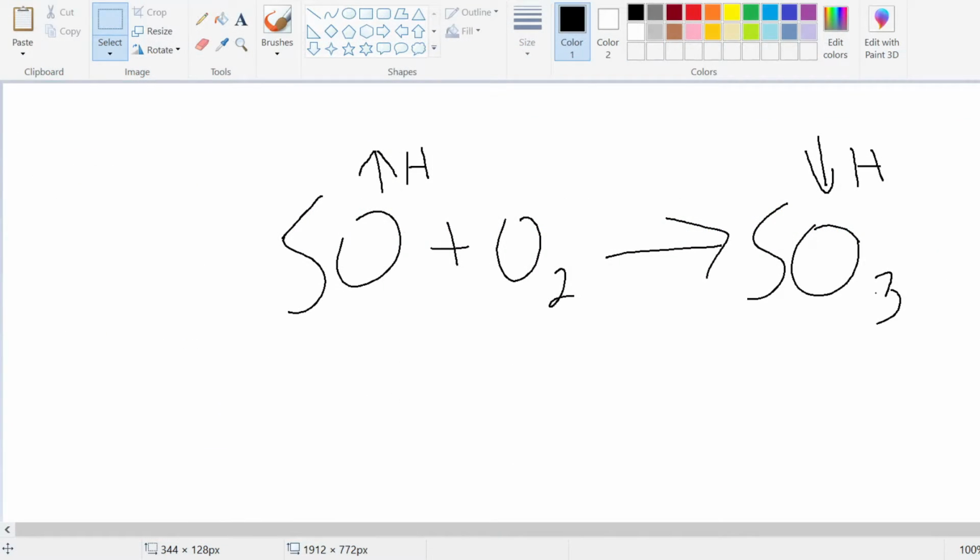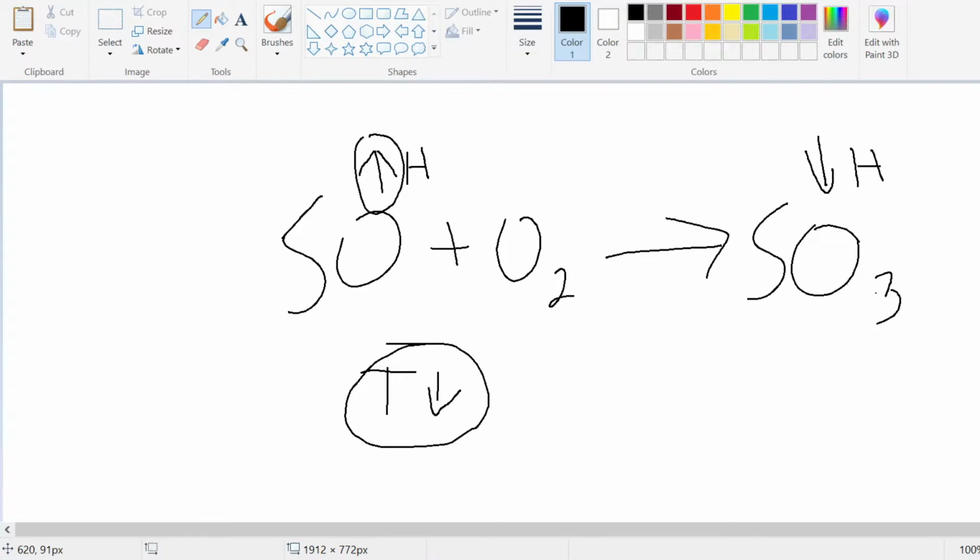Temperature is lowered, so I'm going to say T is lowered, okay? The way I keep these straight is, like I said, I've written this based on whether it's endothermic or exothermic. In this problem, it's exothermic. If the temperature arrow, which is down here, matches the heat right here, in this case it does not, they're opposite.